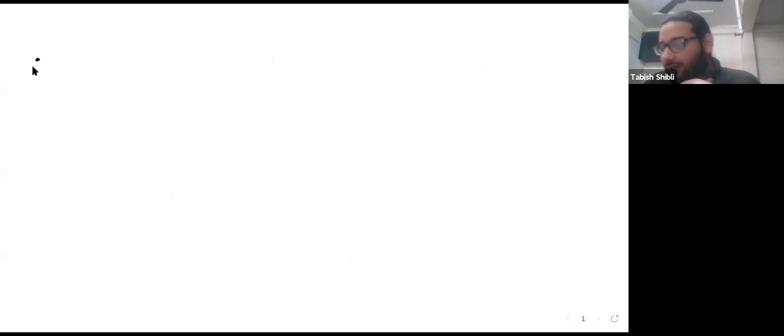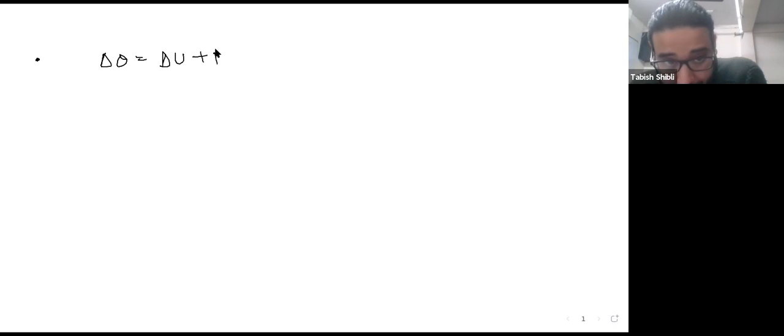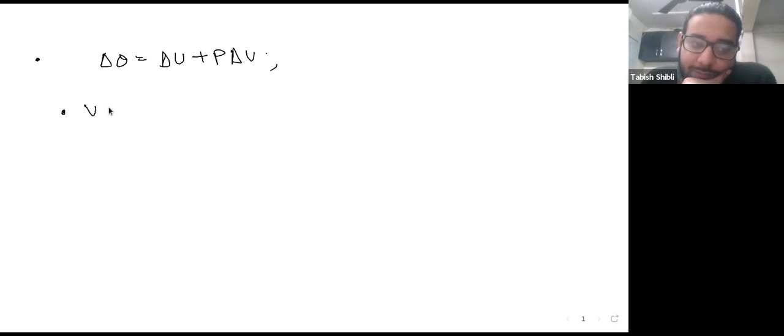Lovely. Now let's try to find a relationship between Cp and Cv. Okay, so let's start again with our beautiful equation, P delta V. Now let's first think about if my volume is constant. If my volume is constant, this would mean that delta V is 0.